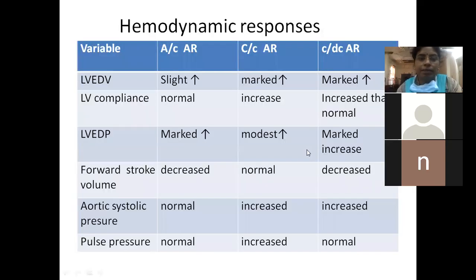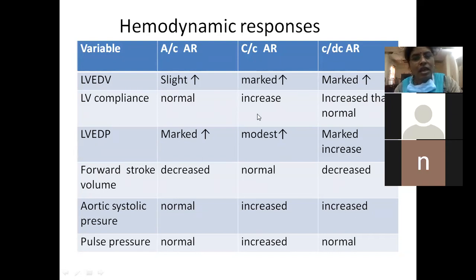Okay, then we'll move on to the hemodynamic responses in chronic compensated and chronic decompensated aortic regurgitation. We are not going to the acute, but we only discuss the chronic compensated and the chronic decompensated. So what happened? In chronic compensated, left ventricular end diastolic volumes are increased in both conditions, whether compensated or decompensated.